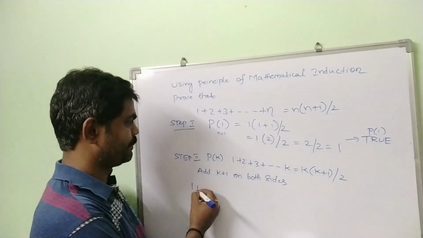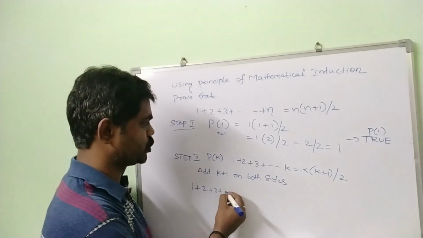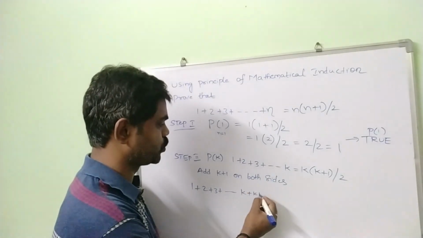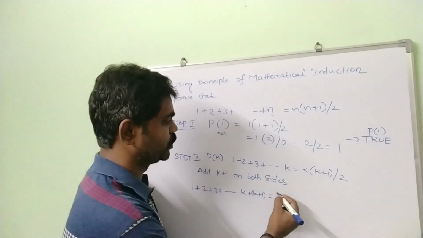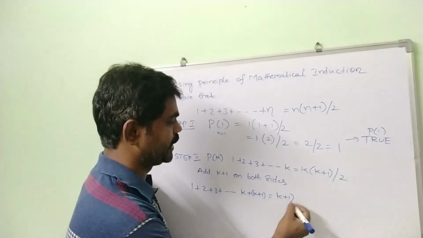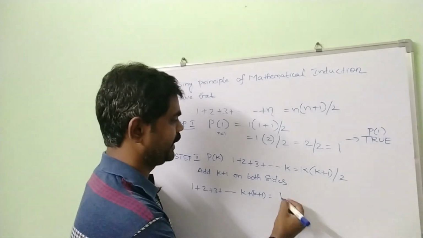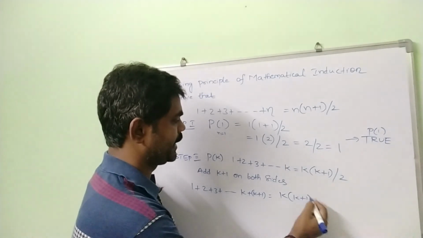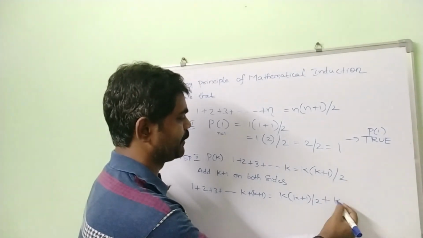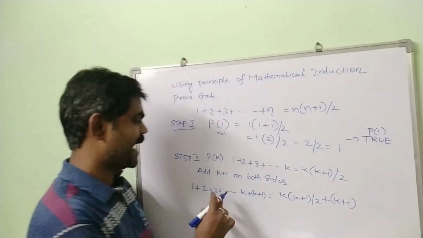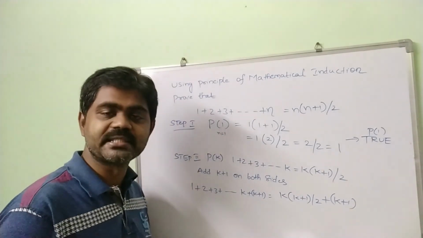So 1 plus 2 plus 3 so on up to k plus 1 equal to k into k plus 1 by 2 plus k plus 1. So adding k plus 1 on both sides.